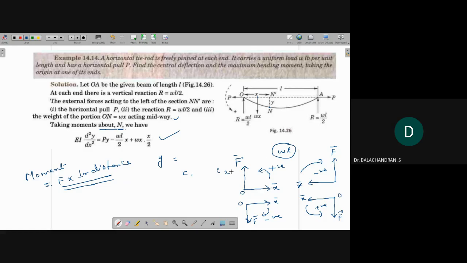I feel that the first diagram, because if you rotate 90 degrees anti-clockwise, you will get this. Is it correct?